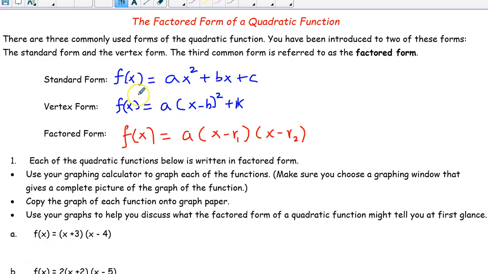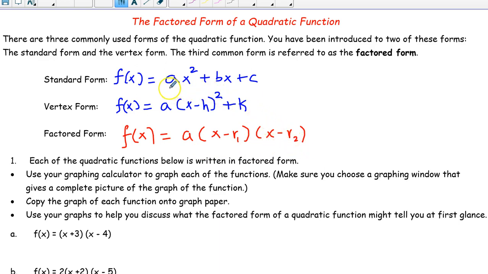The standard form is f of x is equal to ax square plus bx plus c. The vertex form is f of x is equal to a times x minus h whole square plus k. And the factored form is f of x is equal to a times x minus r1 times x minus r2.